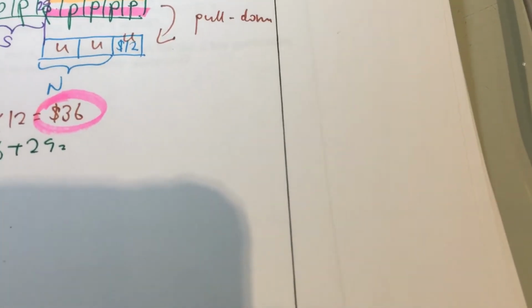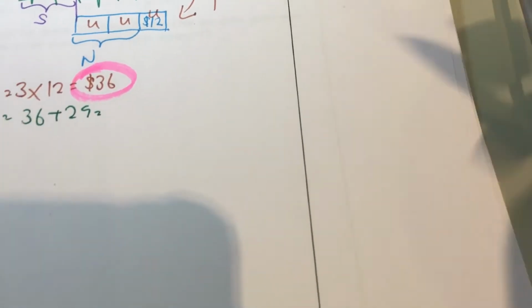So 1, 2, 3, 4, 5. So 5 parts is actually 36, the pink one, plus 29. So 36 plus 29 is 65. We always need to find the value of one part. So 65 divided by 5 is 13.